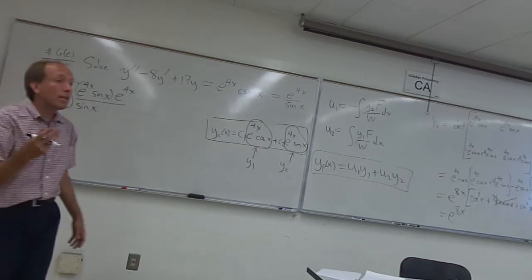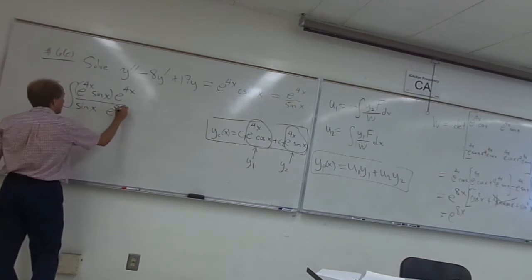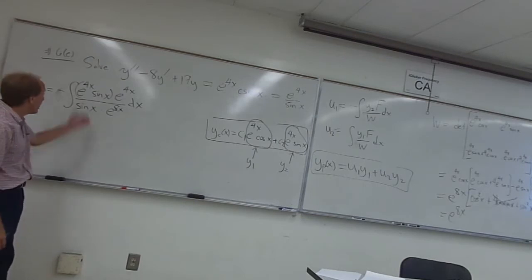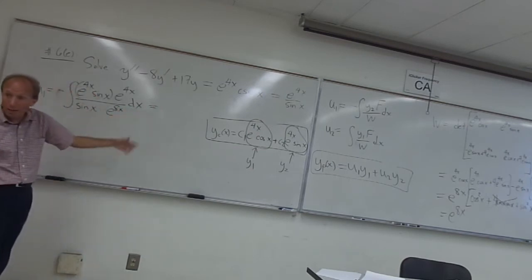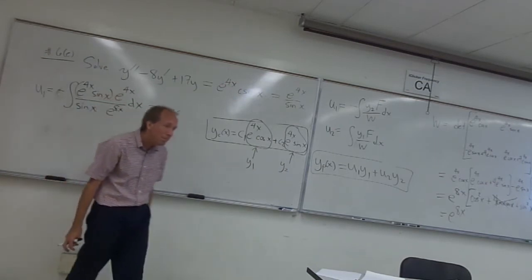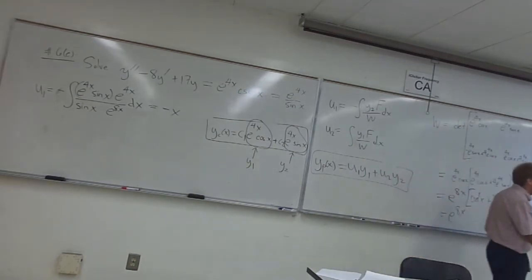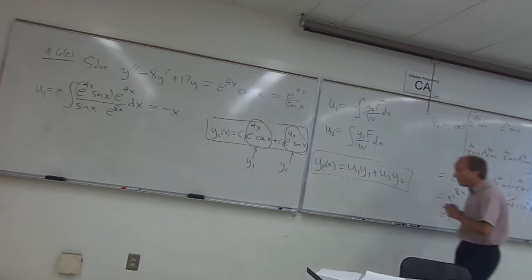And then I put the Wronskian on the bottom, which was e to the 8x. Wow, doesn't get any easier than that. Everything cancels. You just have a minus sign, right? Antiderivative of 1 is just x, so it's minus x. Do I need a plus c on that? No. Not when we're looking for one particular solution. We don't need the whole family of them. We just need one solution. So it's just negative x.